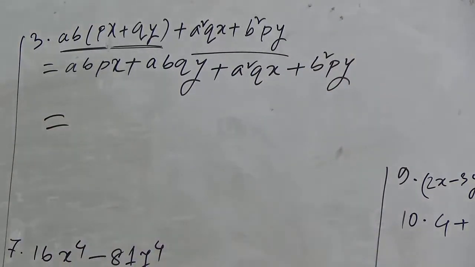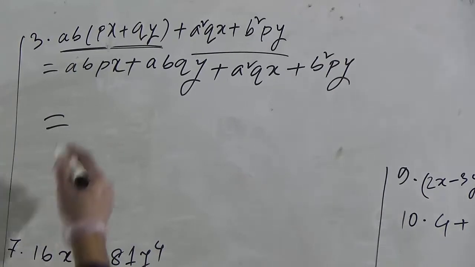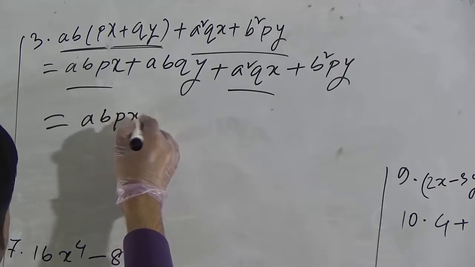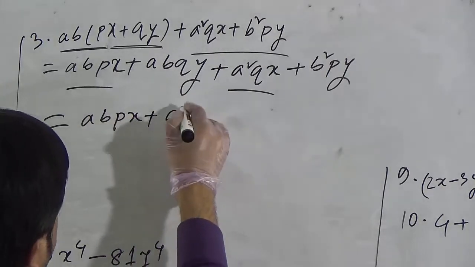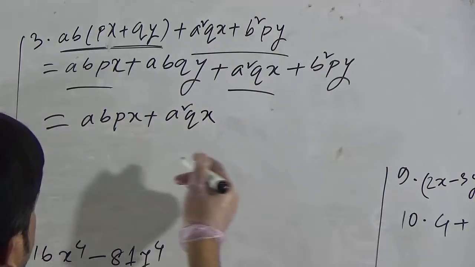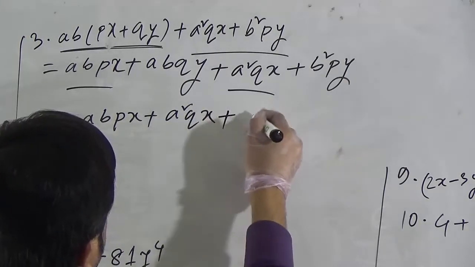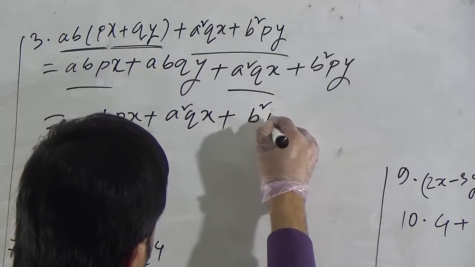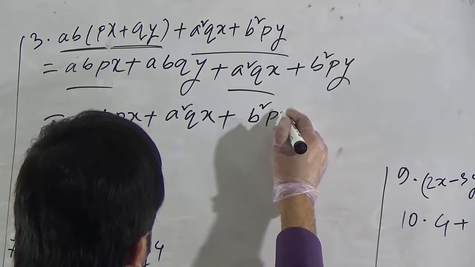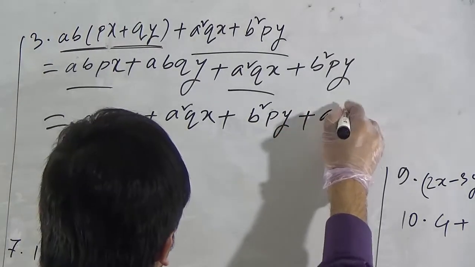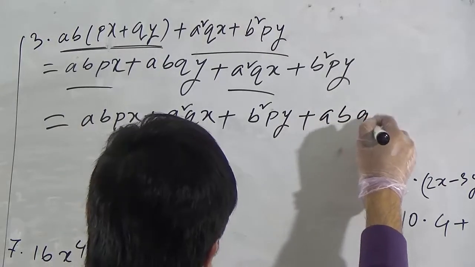Okay. Now we have to take common. At first arrange abpx and a square qx, then b square py plus ab qy.